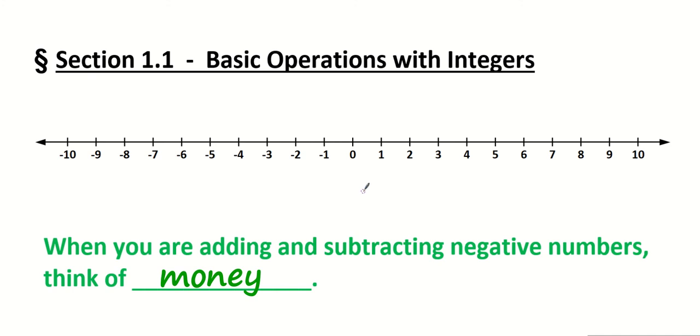Something else to mention here before we bang out these example problems: if the operation is subtraction, that generally implies moving left on the number line. If you have 4 and you're doing 4 minus 1, subtraction means you're moving to the left 1 to get to 3.